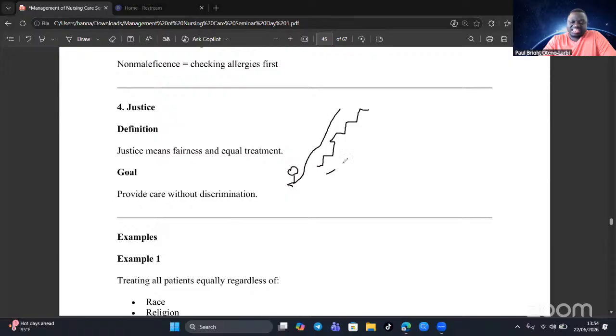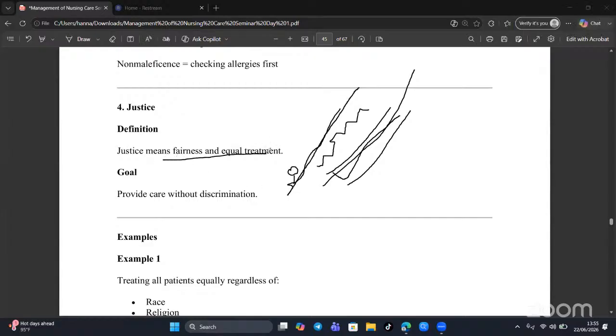But beside the staircase, we make another walkway where people coming with wheelchairs will also pass through. Those of us walking with a walking stick or crutches need a handrail here. So, fairness and equality. Yes, Dave.